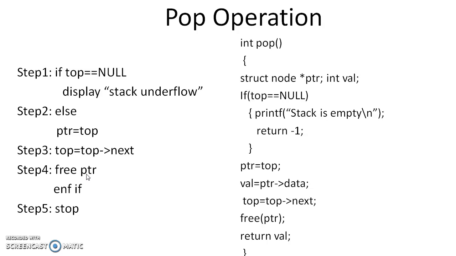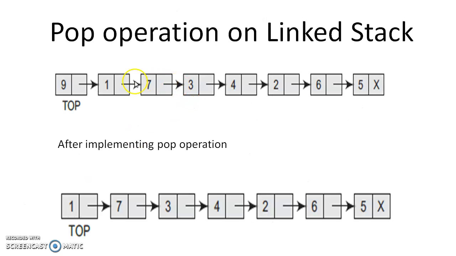In the previous example, I make the pointer point to the 9, top points to top's next, so now the top will be pointing to the 1. Now I free that pointer, that means the node that we created with the 9 will be removed.